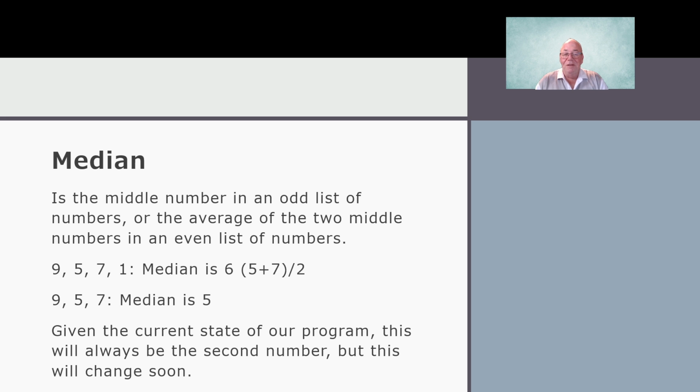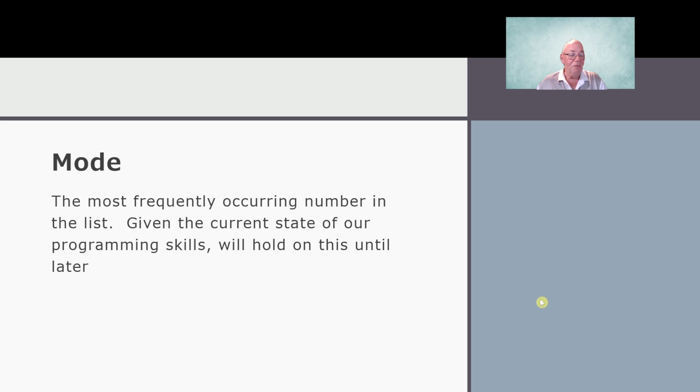So there's not a lot to do with that here, but it does help us to demonstrate and work out some things about the conditional statements. So we're going to see a little bit more of that. Again, as I say here, the current state of our program, it's always going to be the second number, but this is going to change pretty quick. By next week, we'll be doing other things.